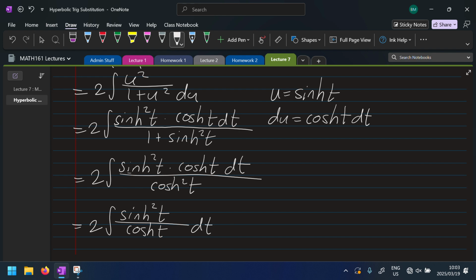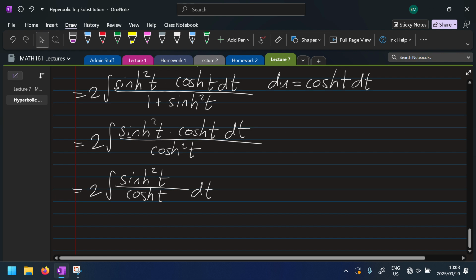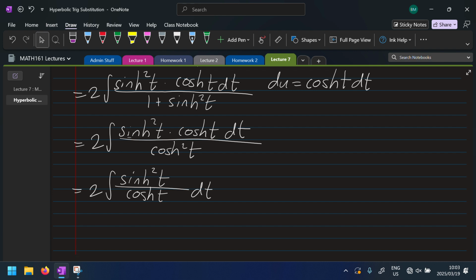At this point, we're a bit stuck. Can't really do a u substitution. Maybe there's an identity you can use with sec and tan hyperbolic. We can try that out. But what I'm going to do is split the sine hyperbolic squared into cos hyperbolic squared minus 1. Because we've got the cos at the bottom. So it makes sense. Okay, but you can try something else.